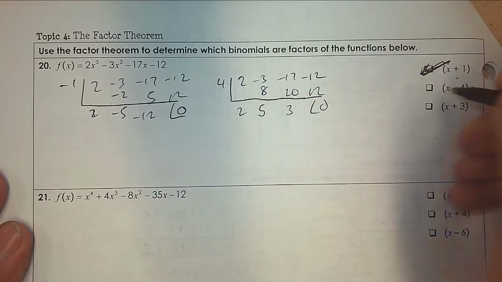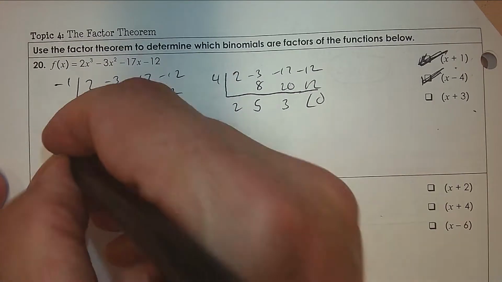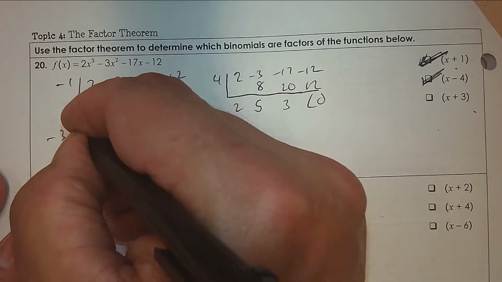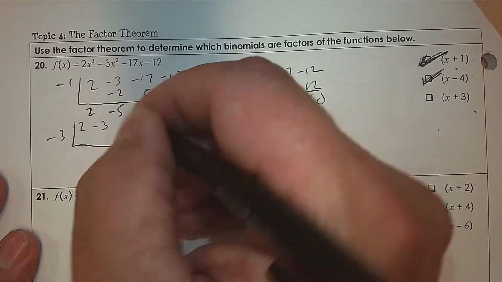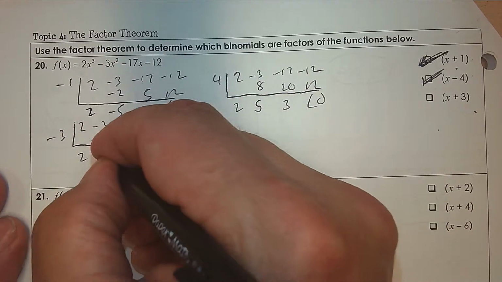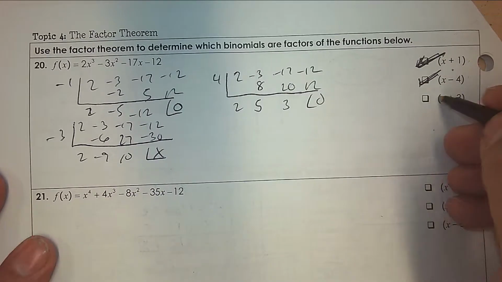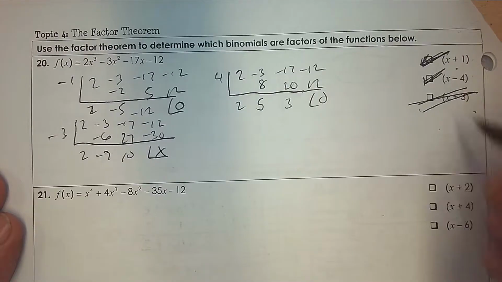Again, it works. Beautiful. If it doesn't give you a remainder of 0, it doesn't work. So -3. This one does not. So these are the two that are the factors.